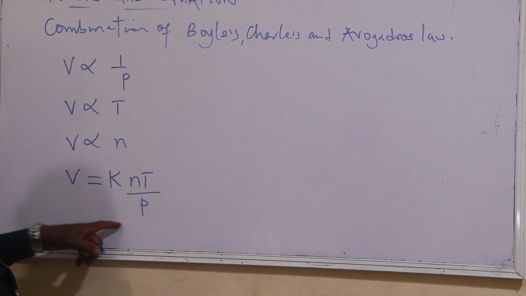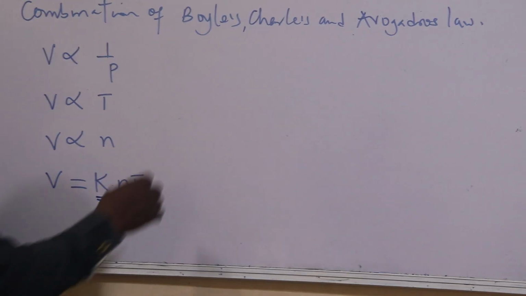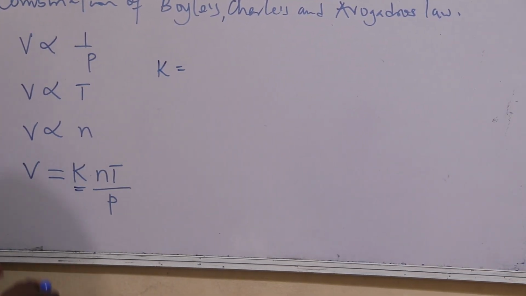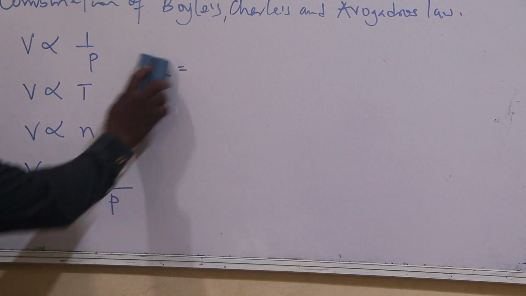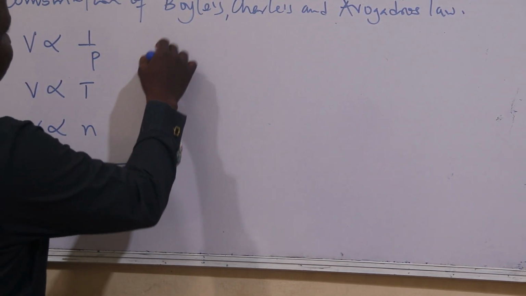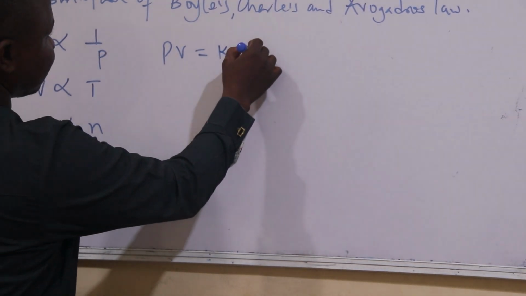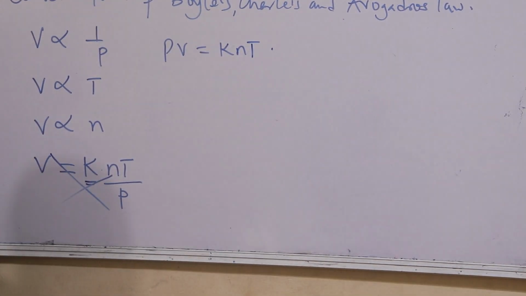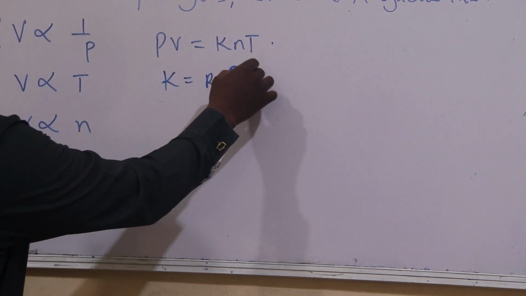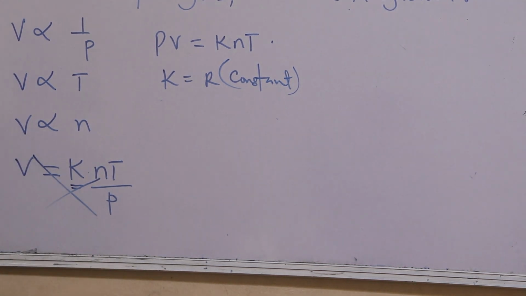Since P is inversely proportional, if I want to make K the subject, I can cross multiply first. Then we have PV equals K n T. Here K equals R, which is a constant; we call R the gas constant.